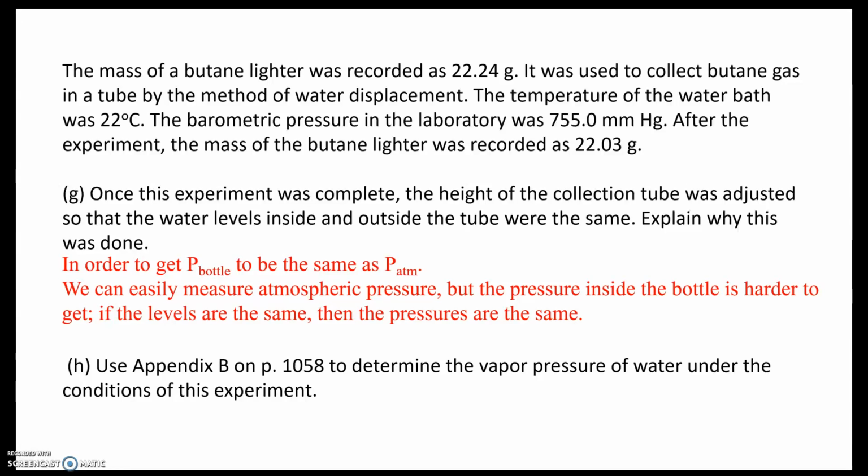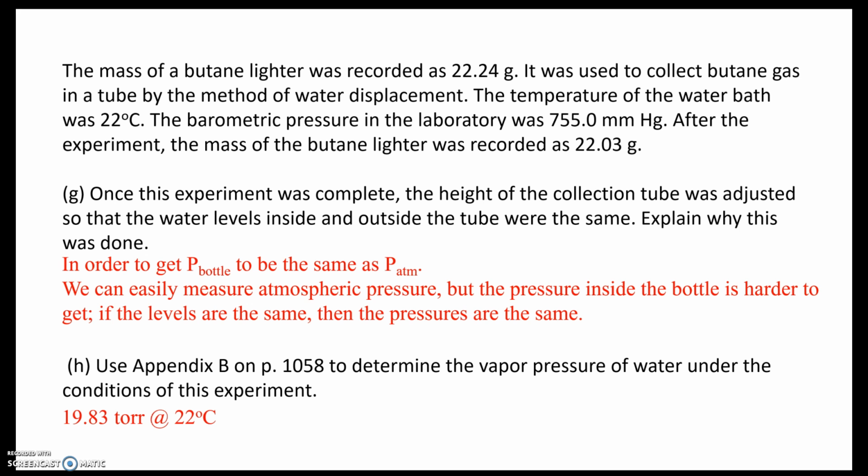I'm not sure what page this is on in our book. In any event, you would be given a table of data from which you could discern this information, or they're flat out going to tell you what the vapor pressure of water is. At every temperature, water exerts a little bit more vapor pressure as the temperature goes up.